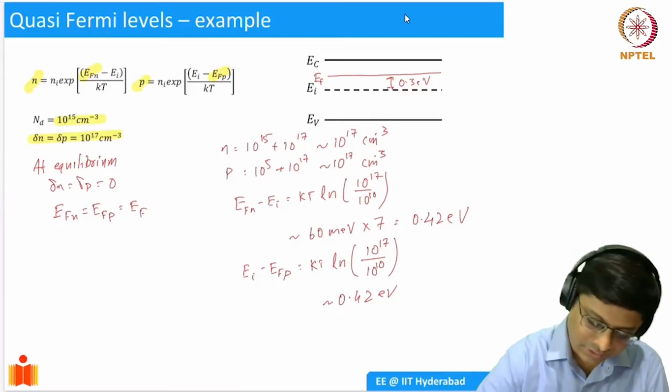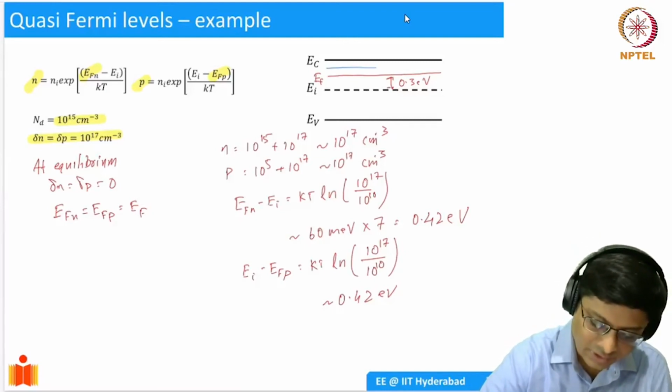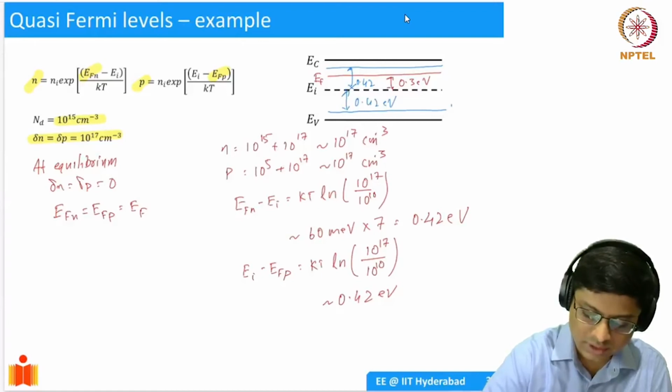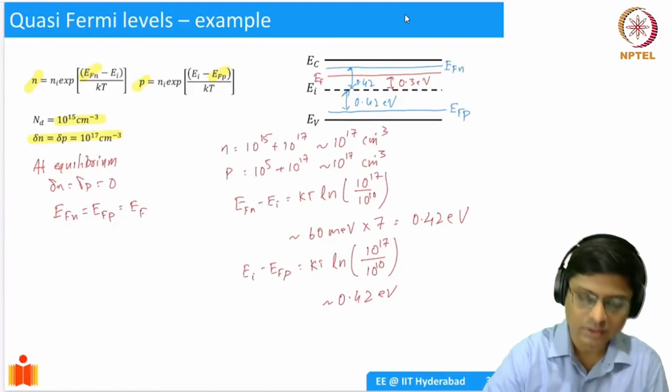For this case, this quasi Fermi level I represent somewhere here. The distance is going to be 0.42 eV. Similarly, there is a quasi Fermi level for holes. This distance is 0.42 eV. EFP this is, and this is EFN.